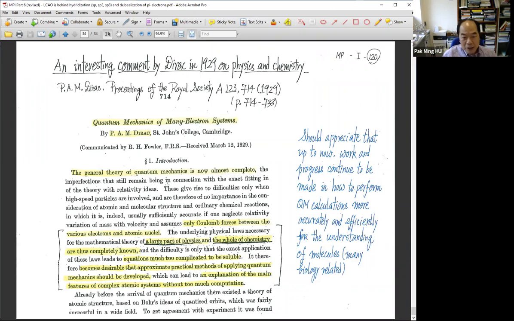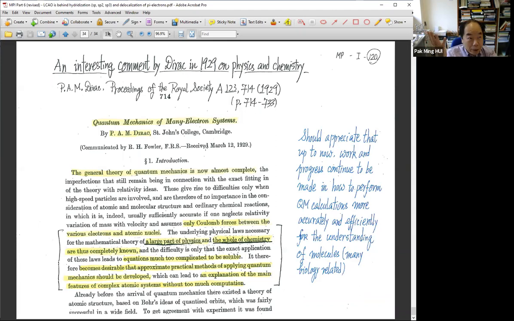This is one of his famous papers before he got the Nobel Prize, 1929. This is after he got the Dirac equation, 1927. Then he was trying to understand what happened if there are many electrons in the system. His Dirac equation is single electron.